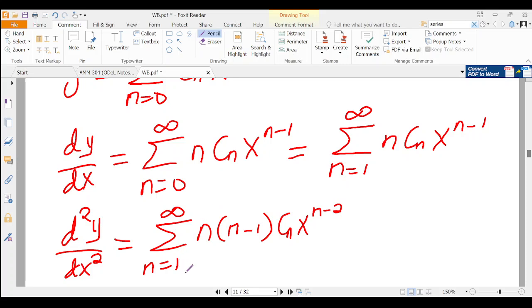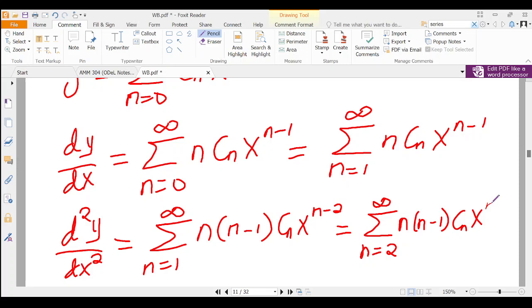So again, when n is 1, this will give us 0. So again, we can leave out the 0 term and start now the summation from n is 2 to infinity of n times n minus 1 cn x raised to power n minus 2. So these are the functions to substitute.